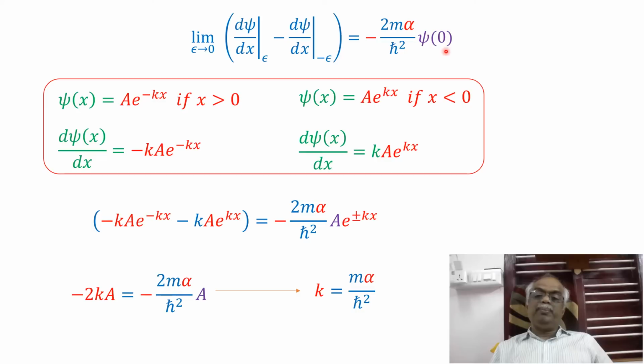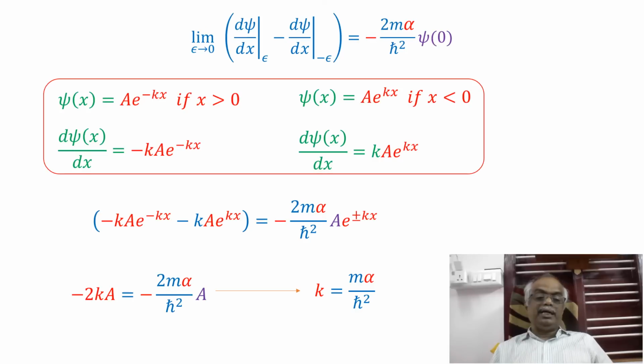This 0 point is the boundary point, that is between the positive axis and the negative axis. So the wave function will be e power plus or minus kx. Here you can see e power kx.